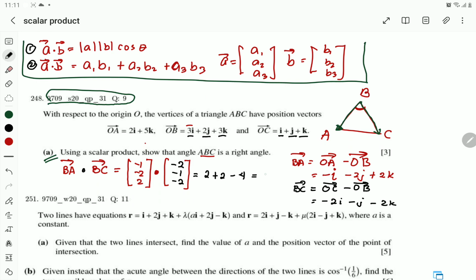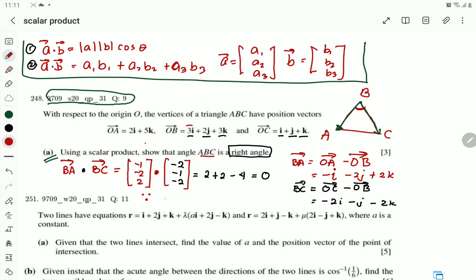As you can see, this is equal to 0. Then we can only use one, no need to use both, because the question says it is a right angle, or they are orthogonal. Then now you can make a conclusion.